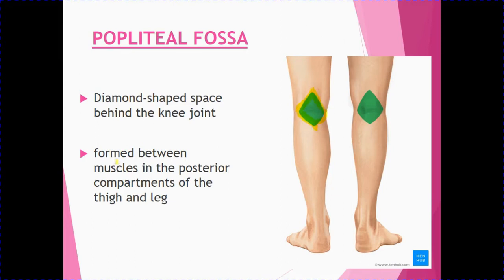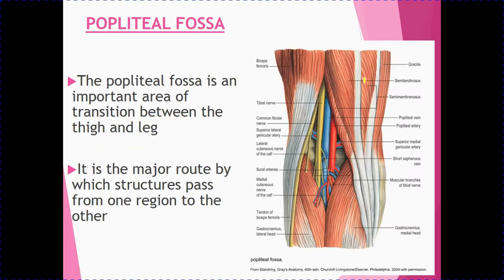This popliteal fossa is formed between the muscles in the posterior compartment of the thigh and the leg. It is formed between the muscles of the thigh and the leg. The popliteal fossa is actually an important area of transition between the thigh and the leg.